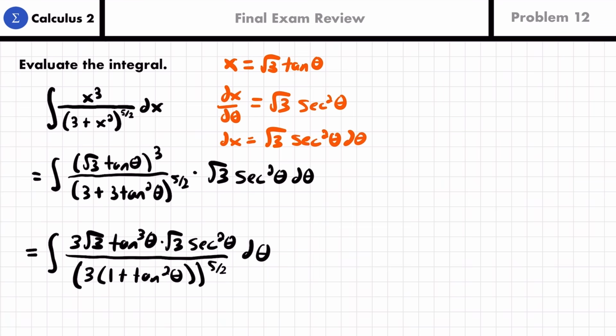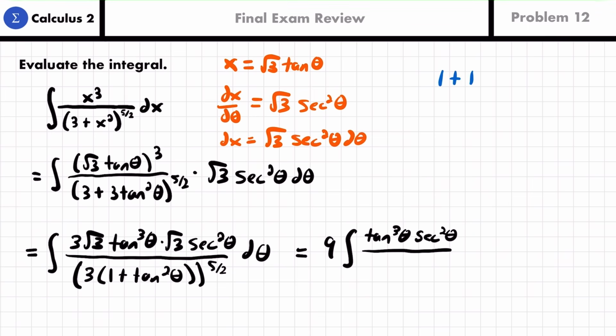Now simplifying further, we've got 3 square roots of 3 times the square root of 3. The square root of 3 times itself is 3, so we have 3 times 3, which is 9. So I'll pull that out front of the integral. I'll write it like this. We have 9 times the integral of tangent cubed theta times secant squared theta, and then that is divided by this denominator, which we can now rewrite using a Pythagorean identity for tangent and secant, right?